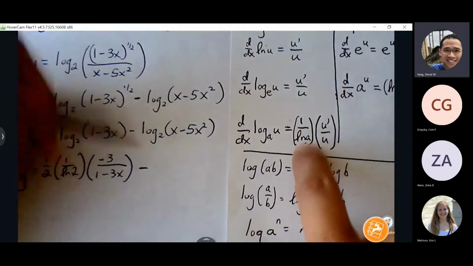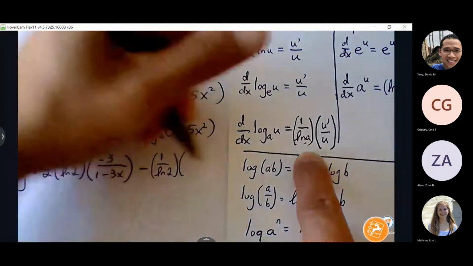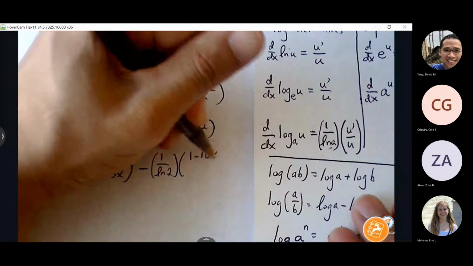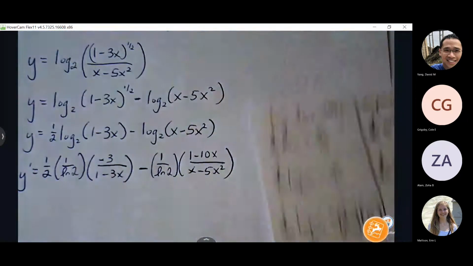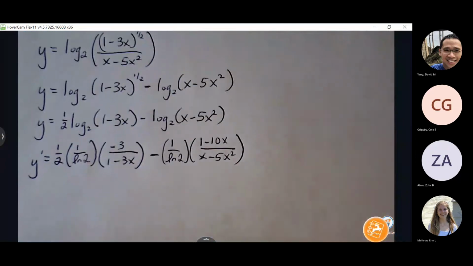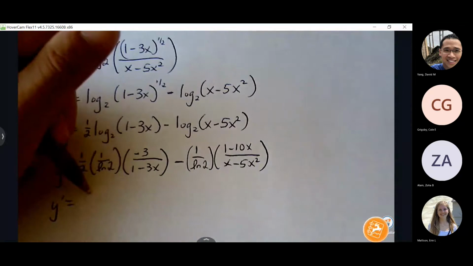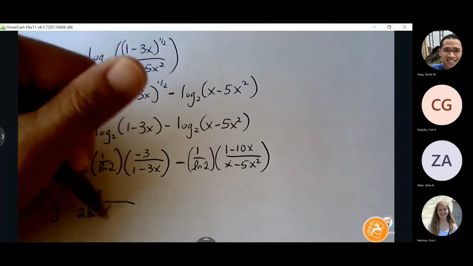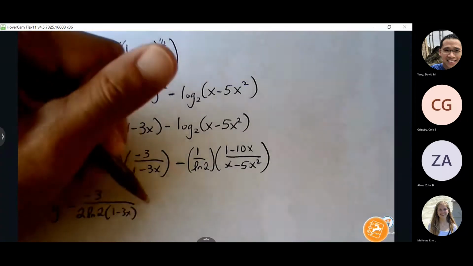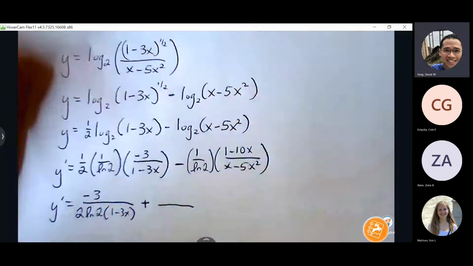Log base 2 goes through conversion. u prime over u. Minus.